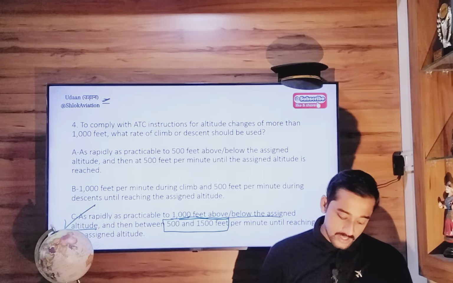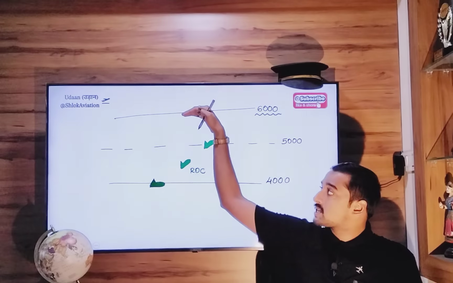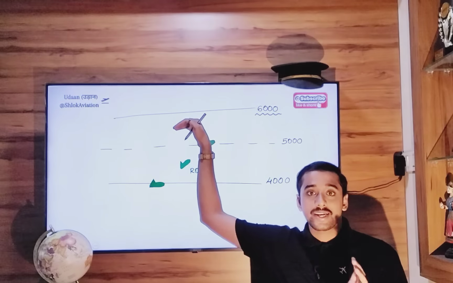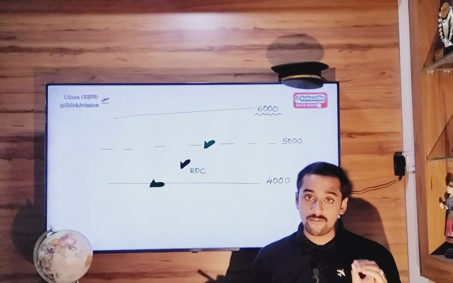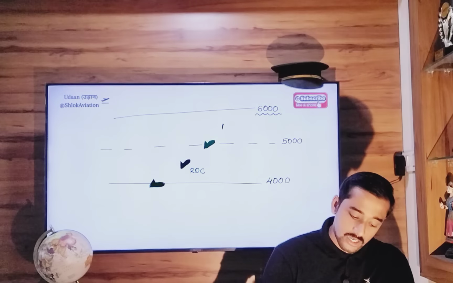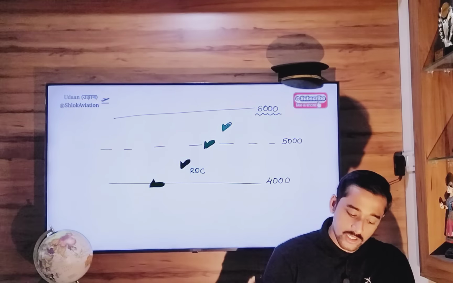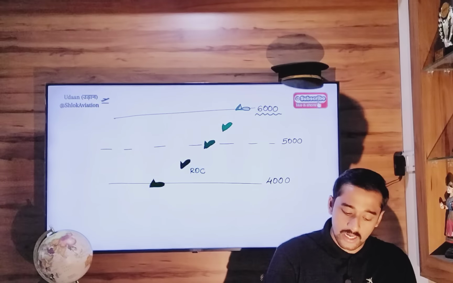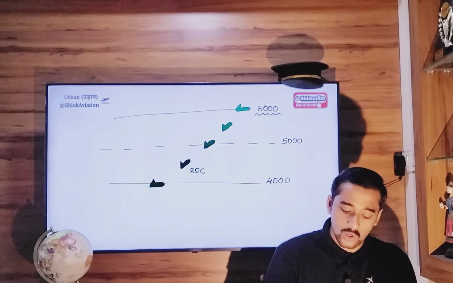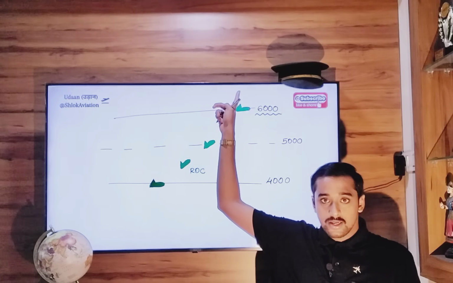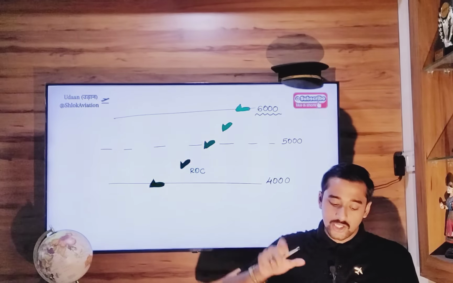Okay, so when you're within 1000 feet of your assigned altitude, you must reduce your rate of climb or fly at a rate of climb between 500 and 1500 feet. This helps you achieve a timely level off at the new assigned altitude and not overshoot this altitude and go above it. So that's why this planning is done.